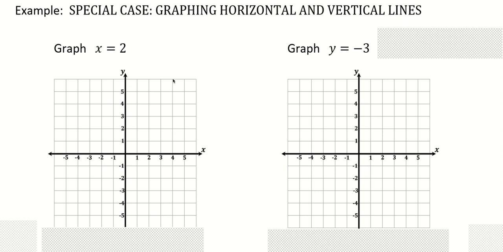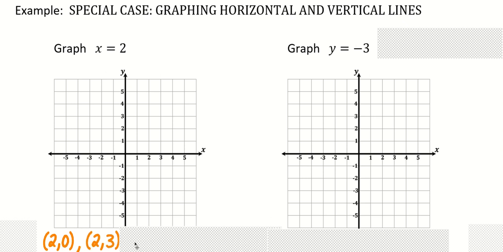And I know you're thinking, well, there is no y. Well, then wouldn't (2, 0) or (2, 3) or (2, -1) or (2, anything) work? Doesn't matter what your y value is. As long as x equals 2, it's going to be a solution to this.